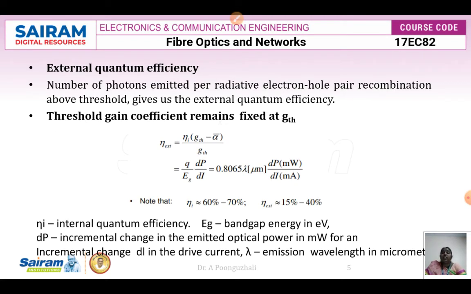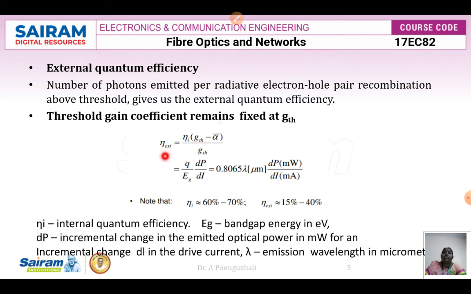Next we are going to see the external quantum efficiency. The external quantum efficiency is nothing but the number of photons emitted per radiative electron hole recombination above the threshold. The threshold gain coefficient is given as GTH, and it is going to remain fixed at the GTH value there.